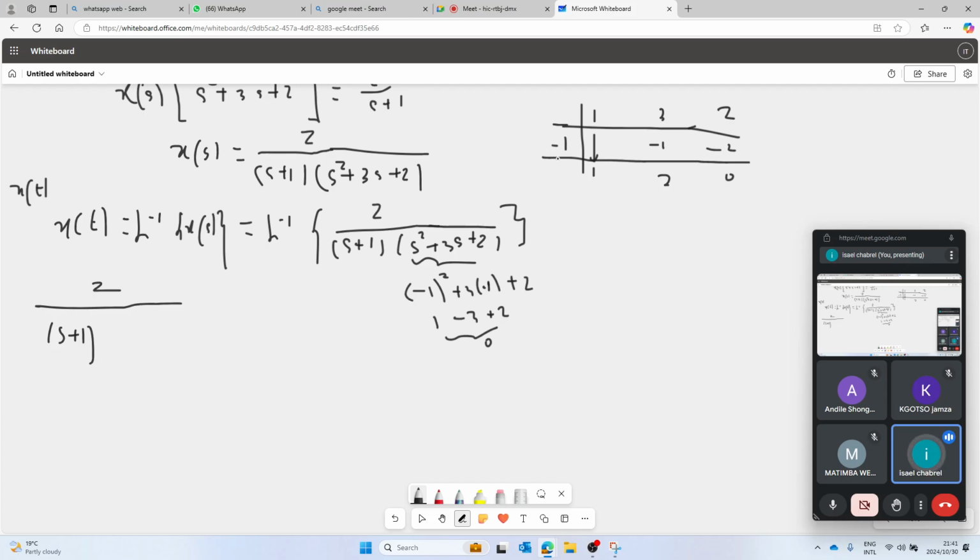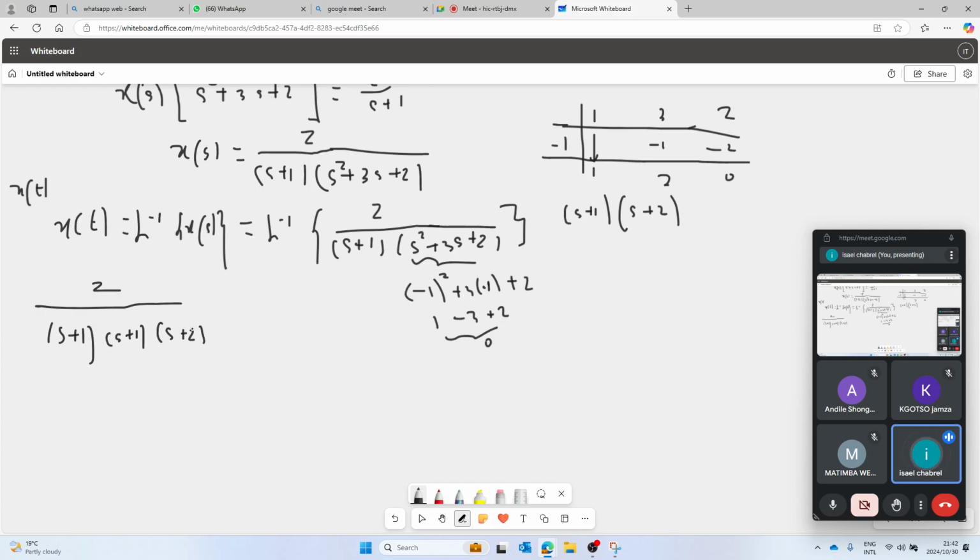So it means one of the factors here is s. It has to go with the inverse of this one, minus, so it's going to be s plus 1. And then the remaining coefficient goes with s. And then you take the last guy here, s plus 2. So if you factorize, you will get s plus 1 again, and then you will get s plus 2.